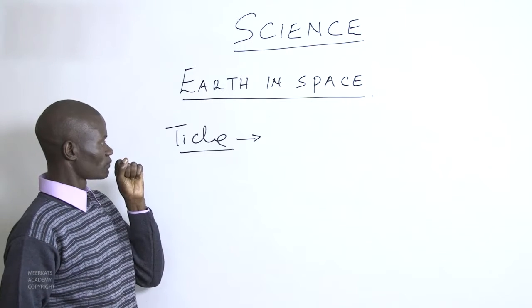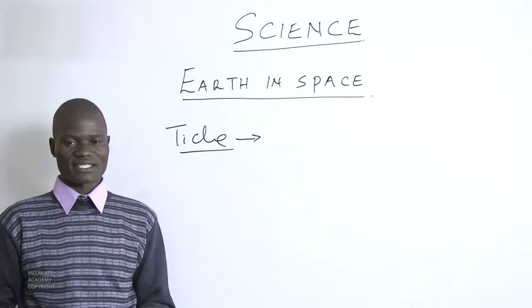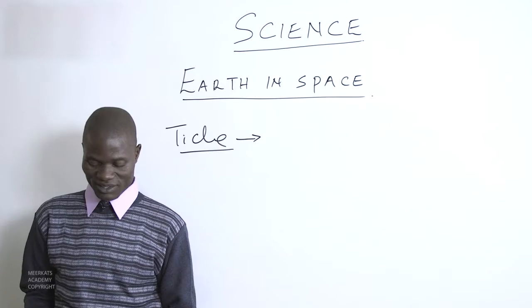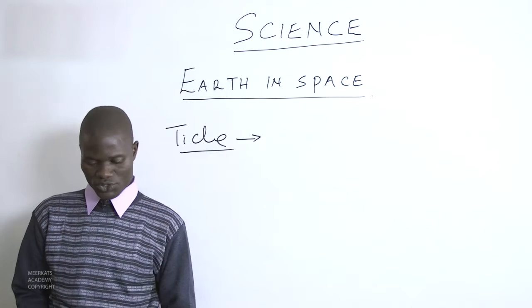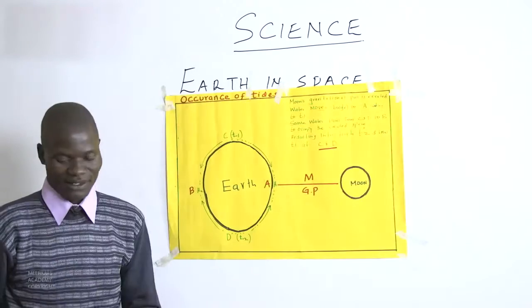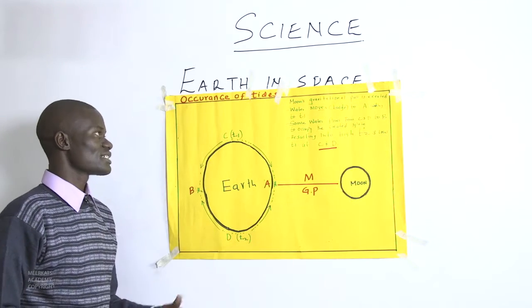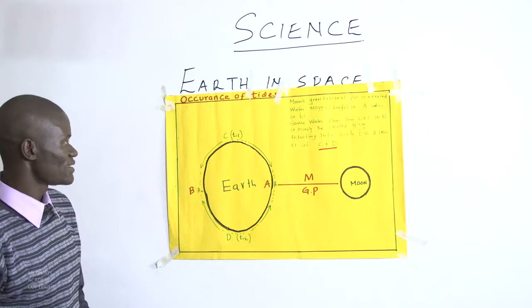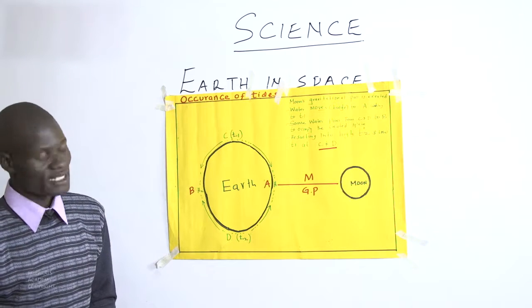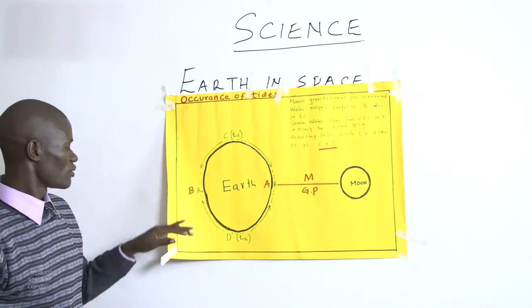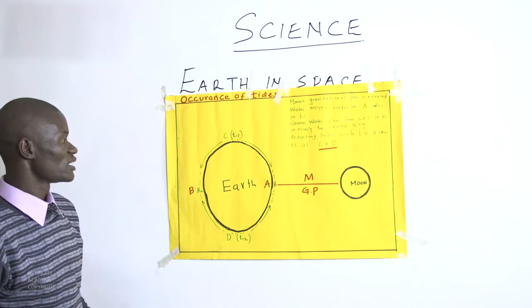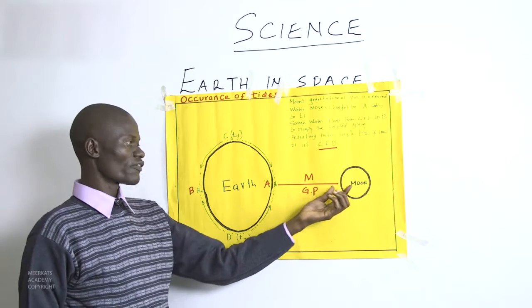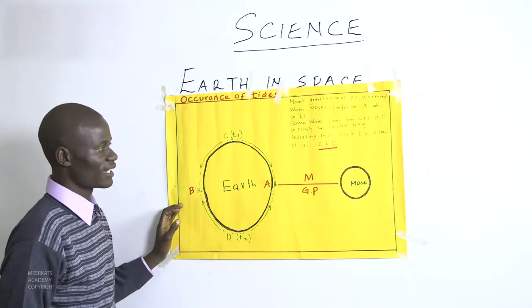Then, how do tides occur? Let us look at the chart so that we are able to see the occurrence of the tide. The tide occurs when the Earth is subjected to the gravitational pull from the moon and also the sun.